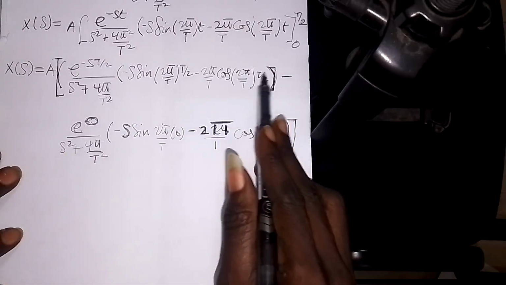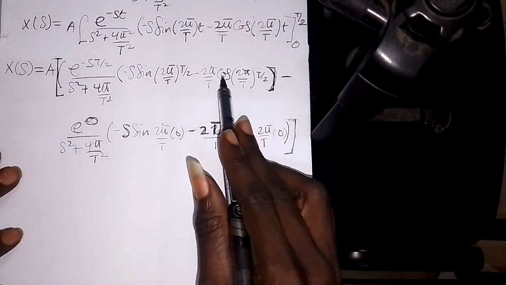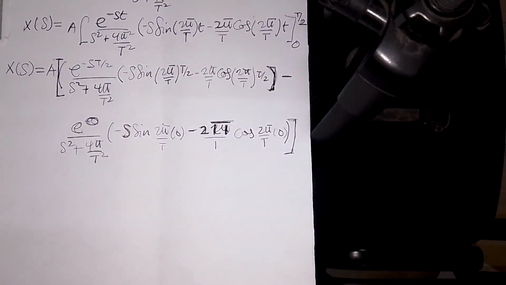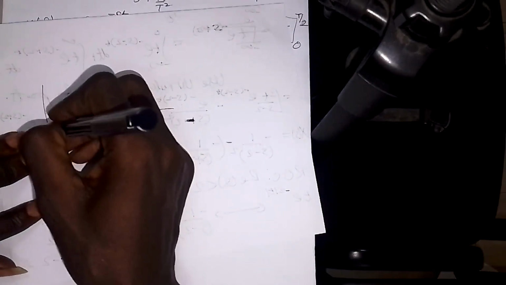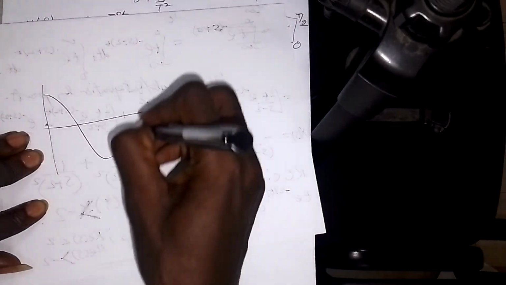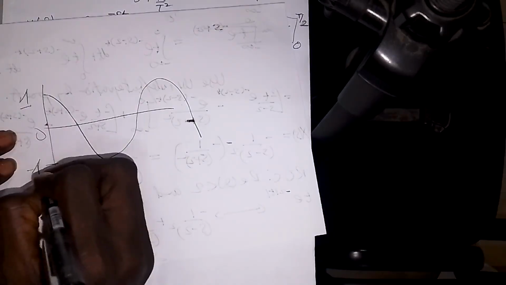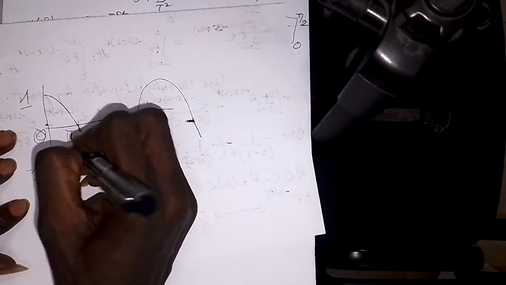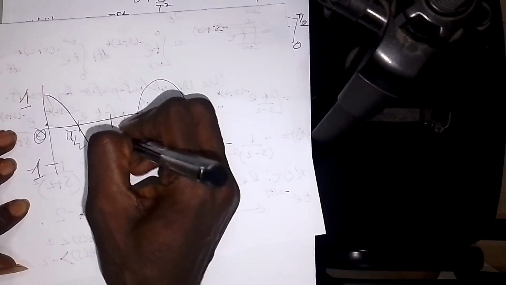Now let's see here. t will cancel t, 2 will cancel 2. What is cos pi? Let's draw our cosine wave. Here is 0, here is 1, here is minus 1, here is pi on 2, and here is pi.